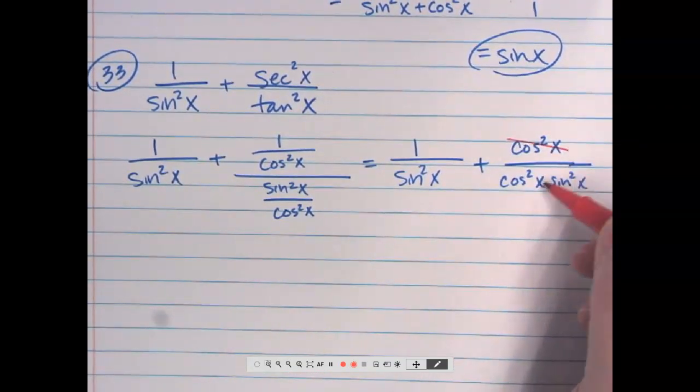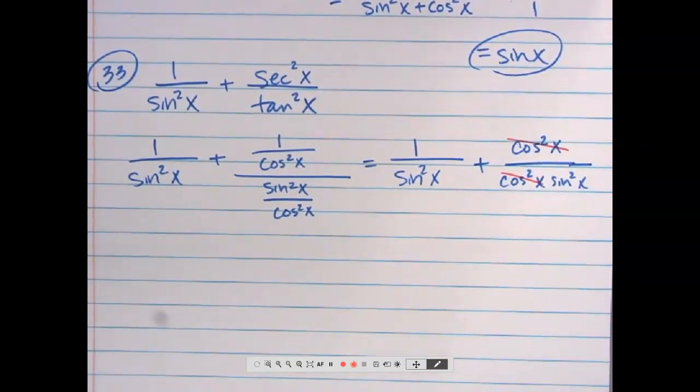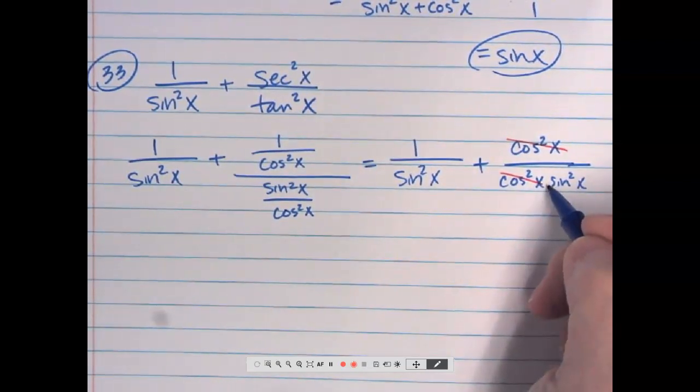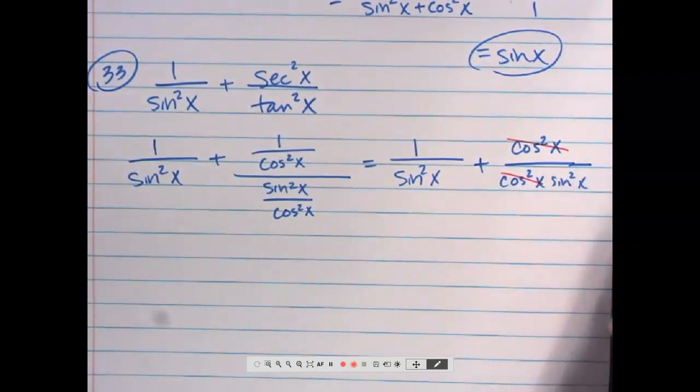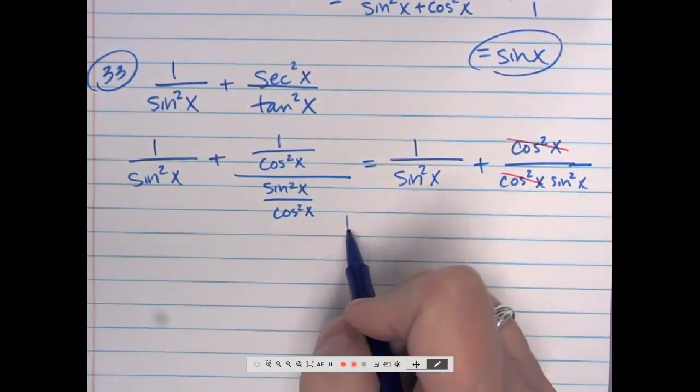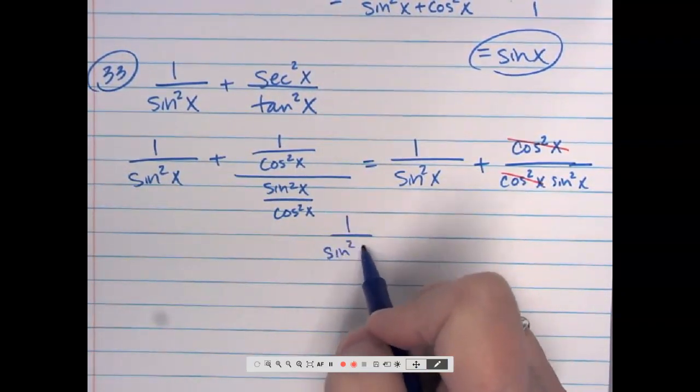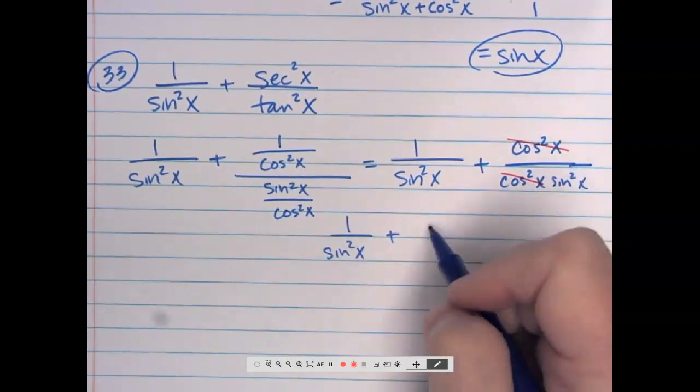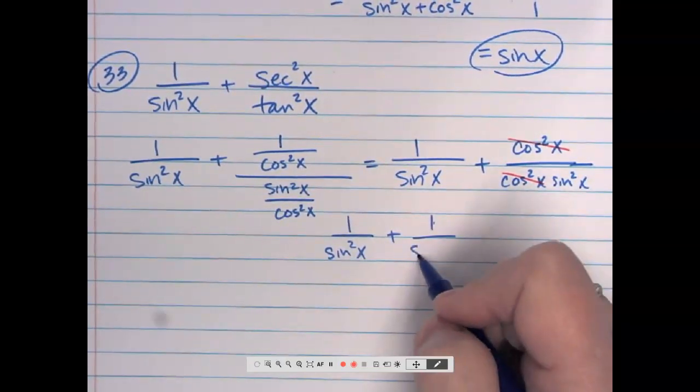Okay, well, I do see those factors that cancel. If there had been a plus in between there, I couldn't do that, but because they're multiplied, I can. So now I have 1 over sine squared plus, there's a 1 over sine squared.